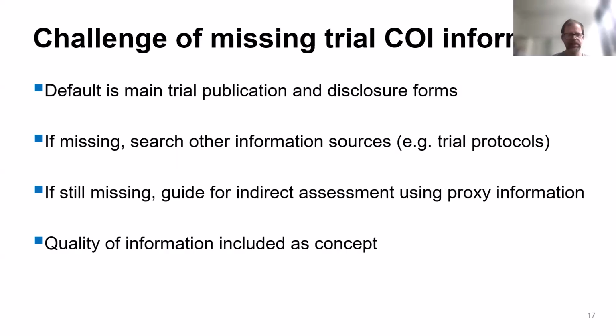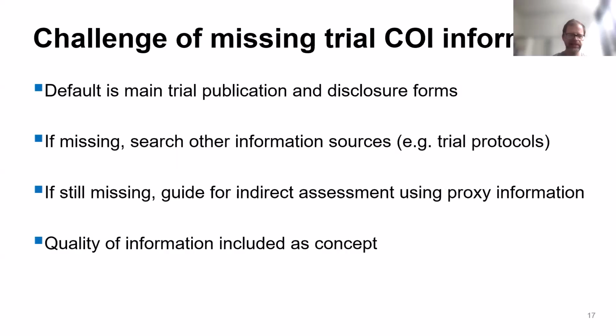In a few cases, despite searching other information sources, you are not 100% sure about who did what in a trial, or maybe who the funder was. In such cases, we have provided some assistance in the TACIT guidance document for you as a user of the tool to rely on proxy information for indirect assessments.